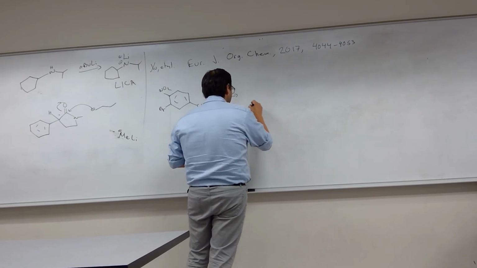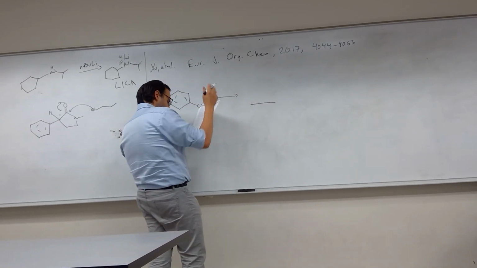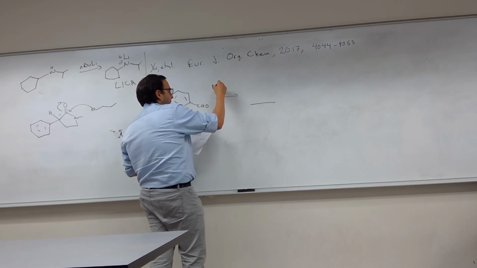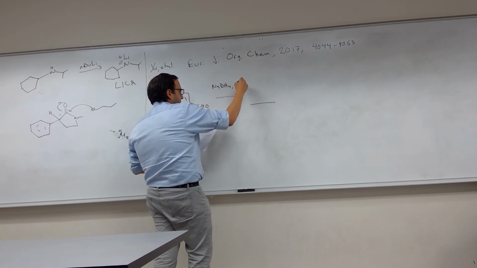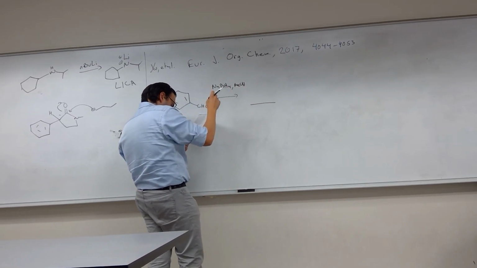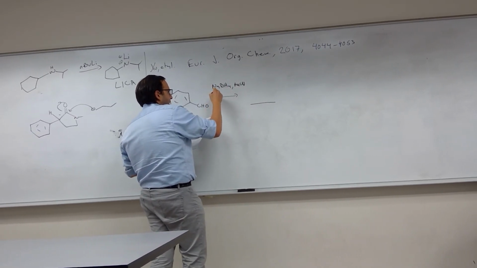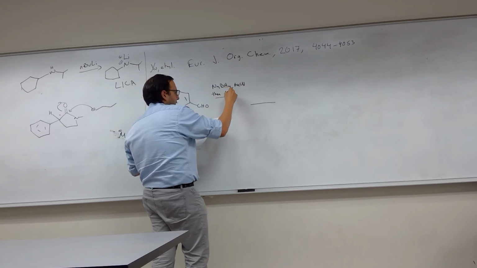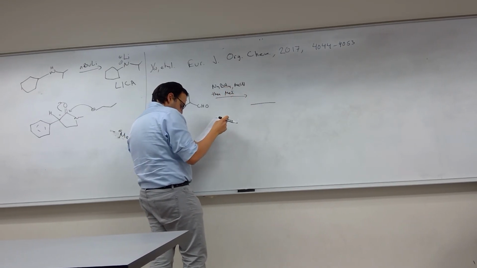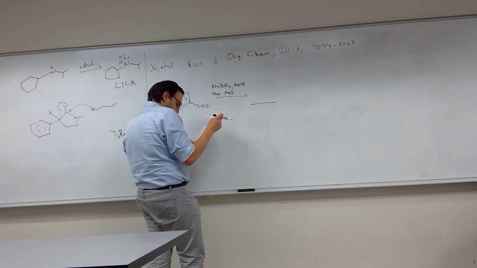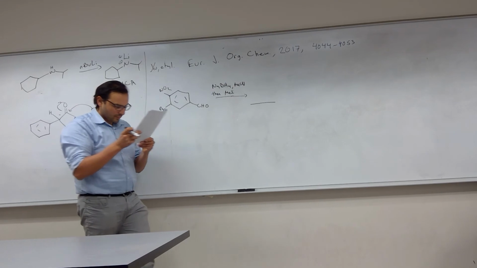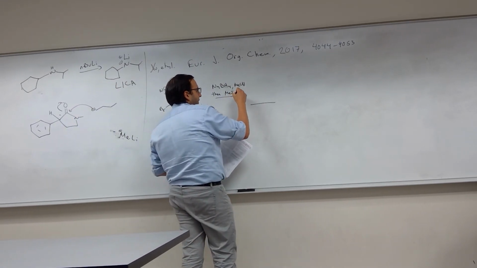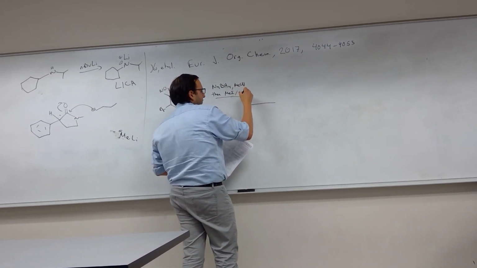And so the idea here is, what happens if we treat this with soluble hydrogen, methanol, then bromomethane, and potassium hydroxide.